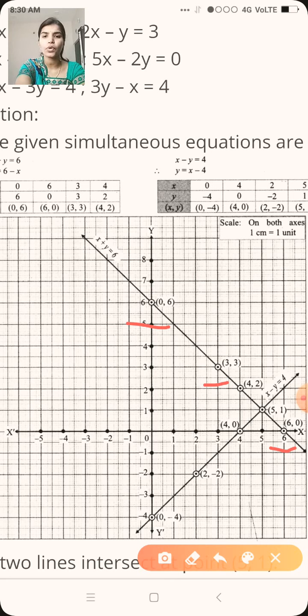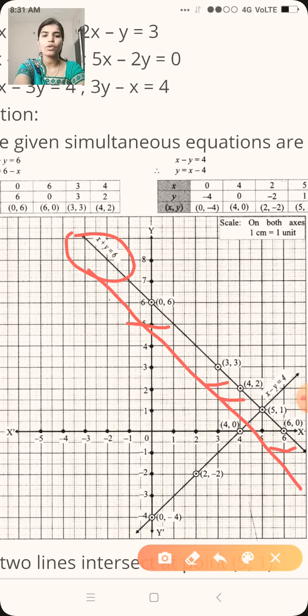Then last one 4, 2. 4, 2 comes here. Okay, so all the points of first equation you plot here. Then you want to draw a straight line passing through all these points. So we will draw that type of straight line here. Okay, then the equation of that line you write down on that line, x plus y is equals to 6. This is your first line.